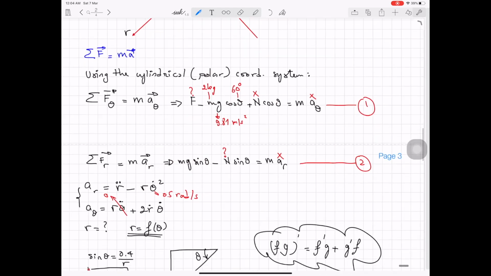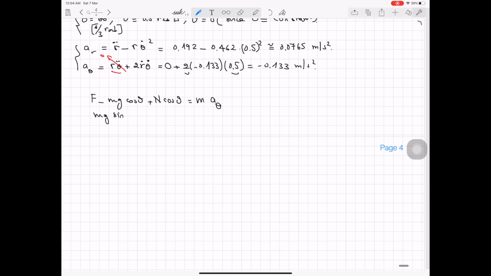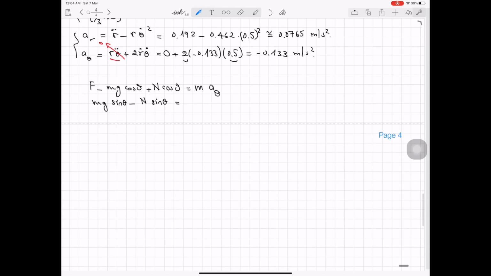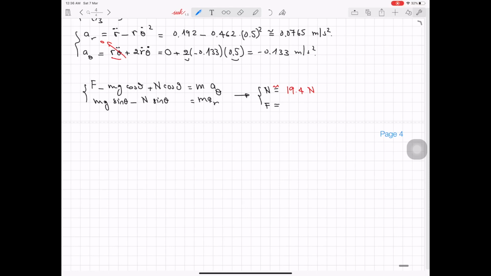Let me write it: mg sine theta minus N sine theta must be equal to M A R. Now solving these two equations, we should be able to calculate both N and F. N will be approximately 19.4 newtons, and the force F approximately 0.356 newtons.